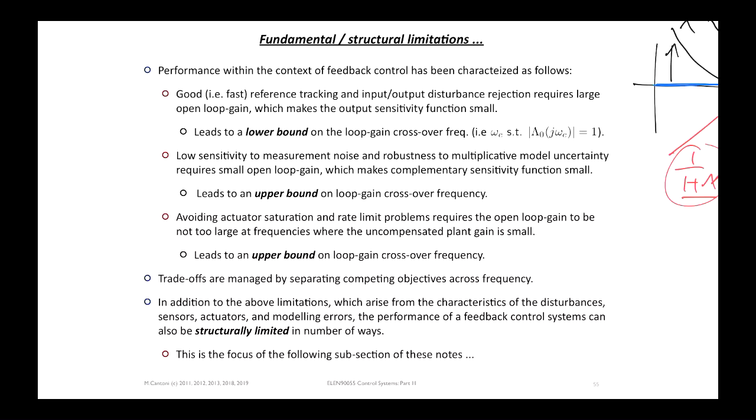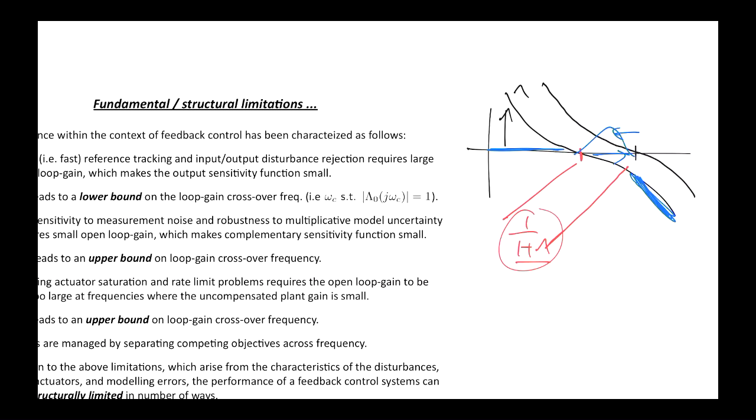Where the open loop transfer function is just the product of the plant and controller transfer functions. So we've seen that for good reference tracking and input-output disturbance rejection, we need large open loop gain. Okay, and large open loop gain, as we've seen many, many times, so if this is the open loop transfer function lambda, large open loop gain means that the output sensitivity function 1 on 1 plus lambda will be small.